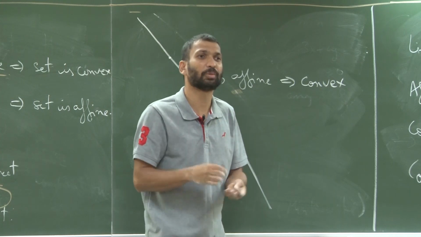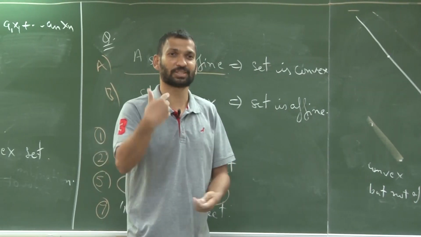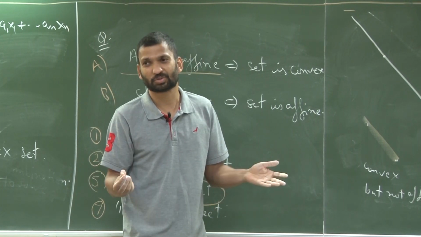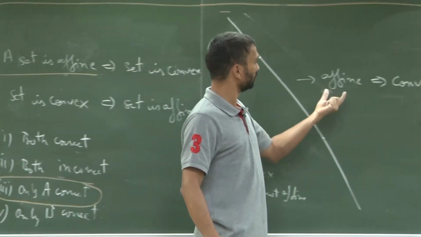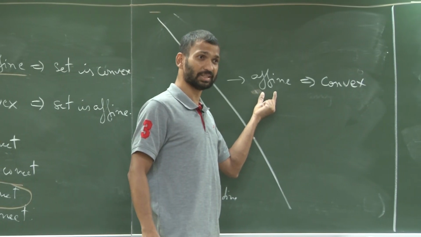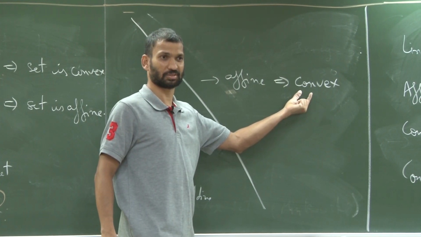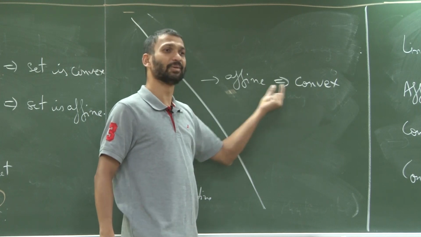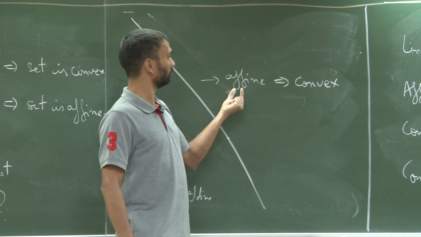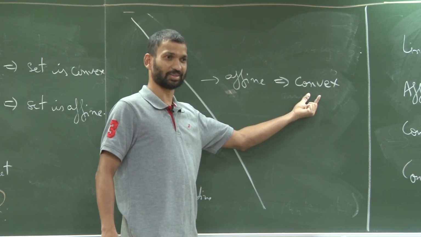You can make an argument that the affine combination condition is stricter and the convex combination condition is weaker, and I always get confused. This is the stronger condition, this is the weaker condition. So if the weaker condition is true, this is fine, right?